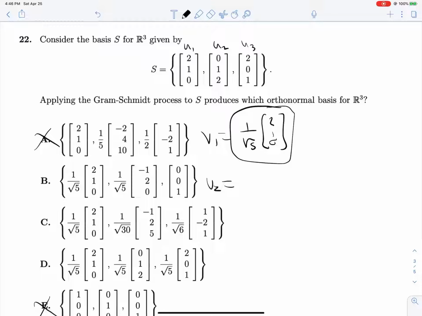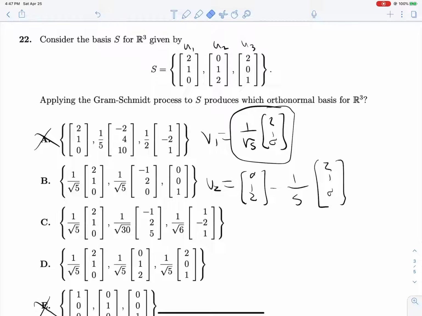There we go. v2 will be u2, 0, 1, 2, minus the projection of u2 onto v1. That's the dot product of u2 and the vector part of v1. That gives us 1 divided by v1 dot v1, which is 5, multiplied by v1, 2, 1, 0. Let's multiply both these by 5.